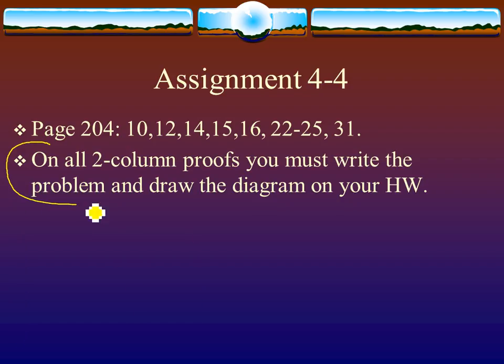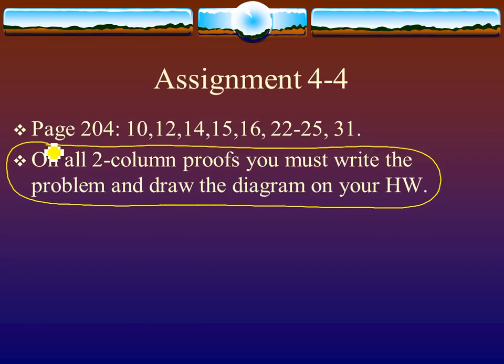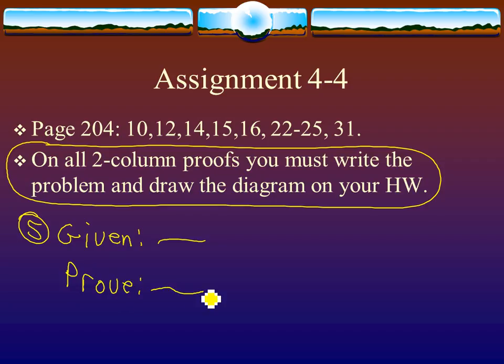every time for the rest of this chapter, you've got to do this. You write down the problem number, maybe it's number 5, I don't know. You write down the problem, write given, whatever it says, prove, whatever it says, and then you draw the picture out here, whatever the pictures are. Try 2 triangles somewhere in the picture. All right?